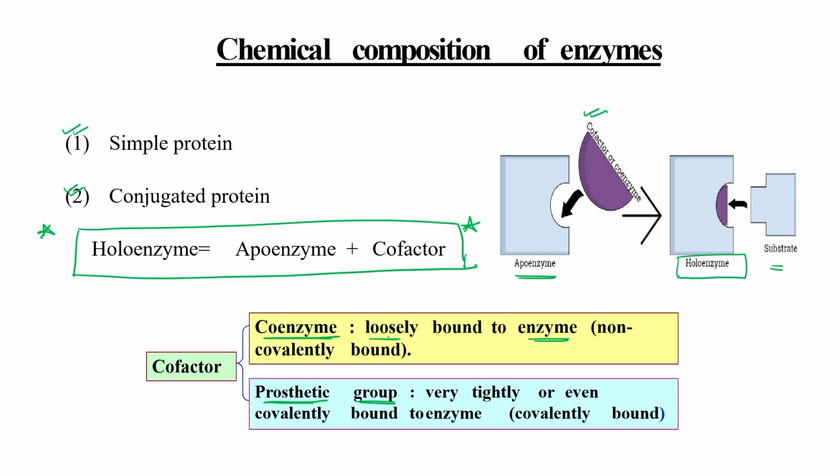While a prosthetic group, if it binds to the apoenzyme, is very tightly bound, or even covalently bound to the enzyme. So these are highly permanent structures.